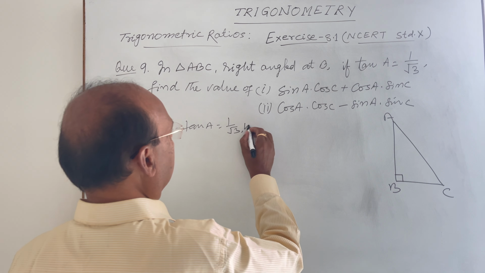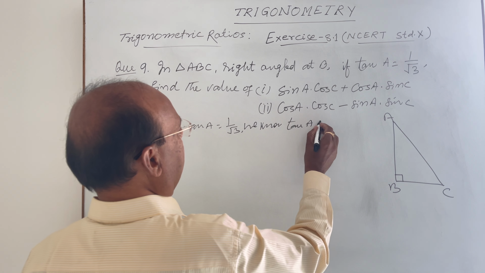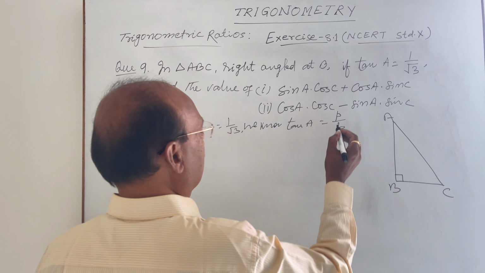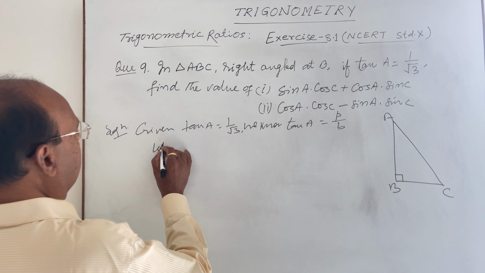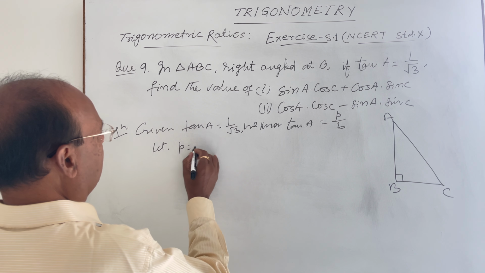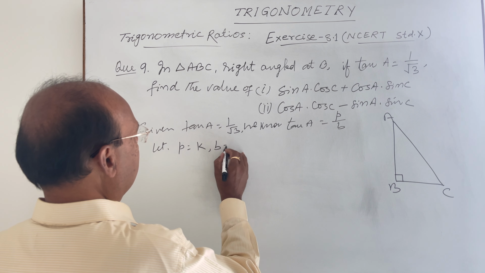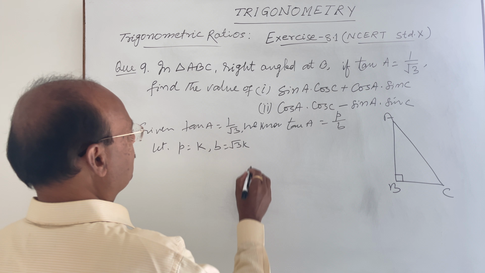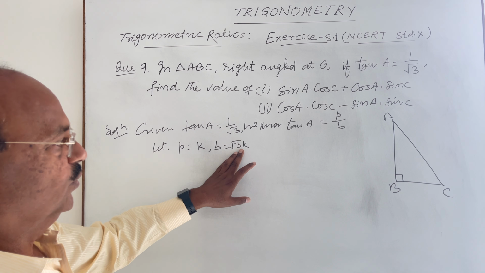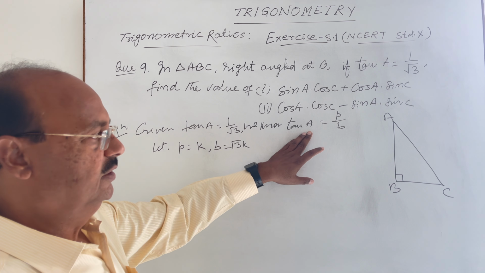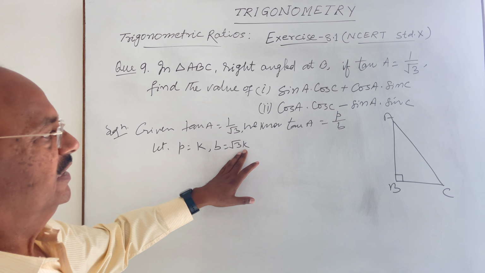And we know that tan A is equal to perpendicular by base. So let P is equal to 1 into K, means K, and base is equal to root 3 times K. Then the ratio of K and root 3K, means tan A, means P by B, will be 1 by root 3, since K will be cancelled out.